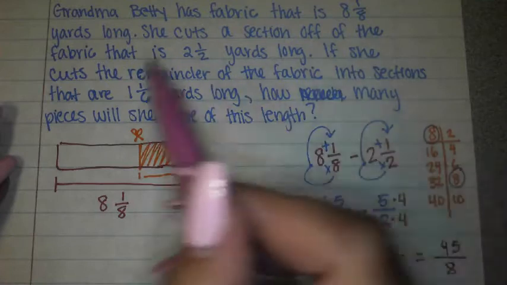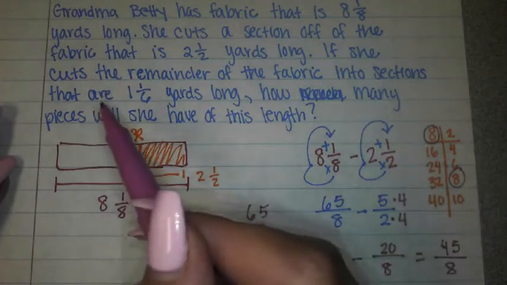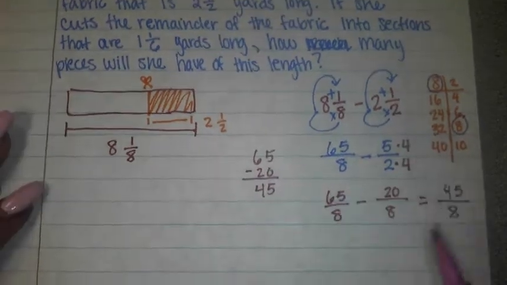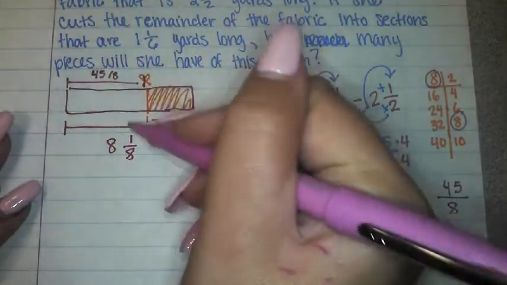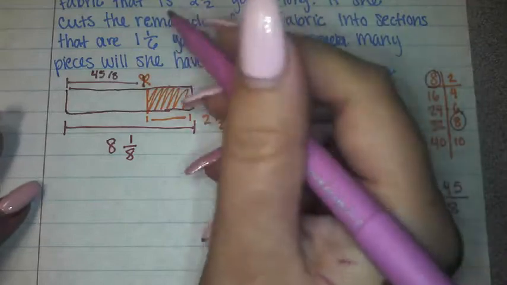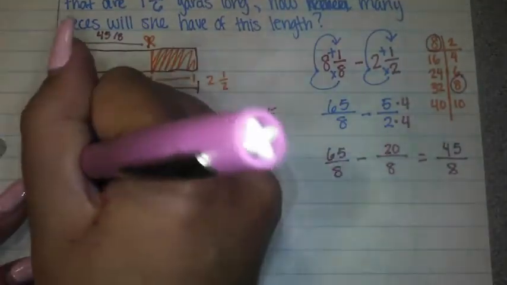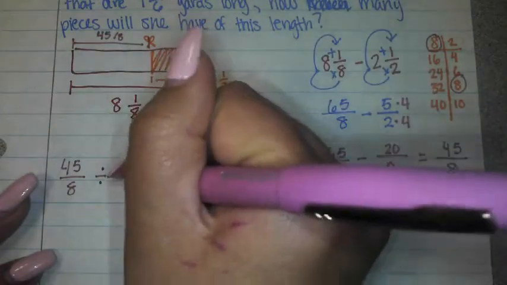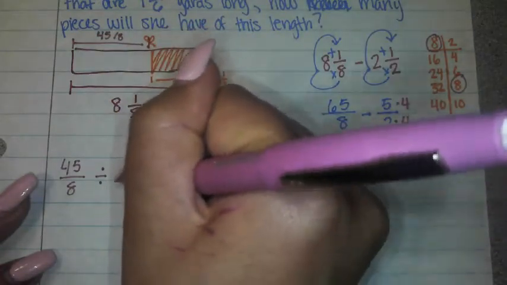It says if she cuts the remainder of the fabric into sections that are 1/6 yards long, how many pieces will she have? So this is the 45/8, and I want to cut it into sections. So that means this is dividing. So I need to take that 45/8, and we're going to divide it by 1/6.